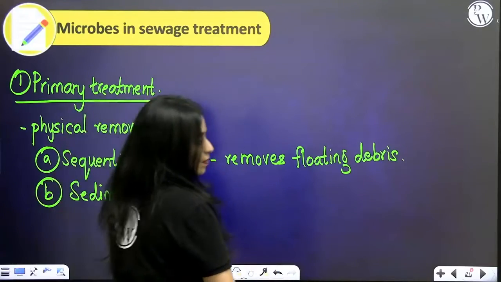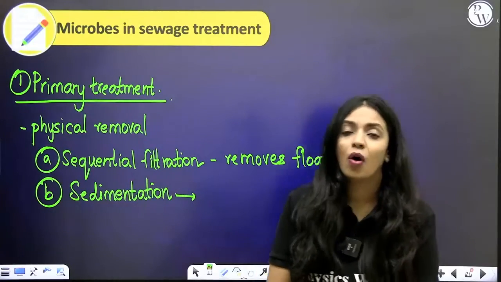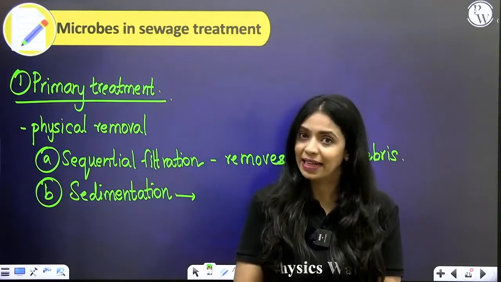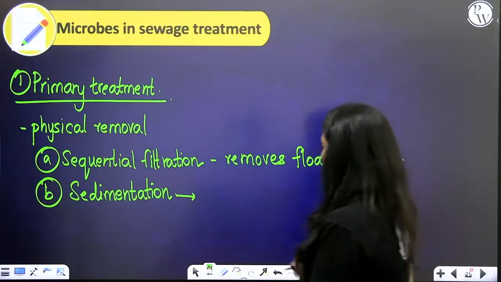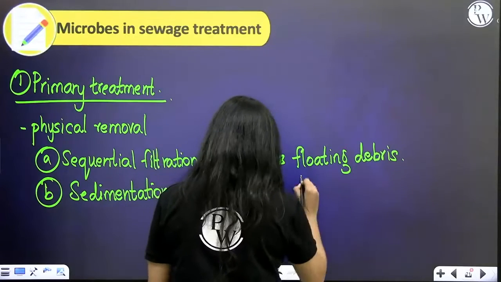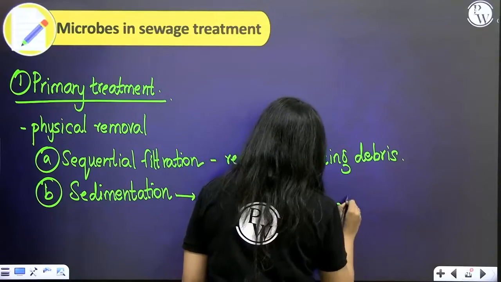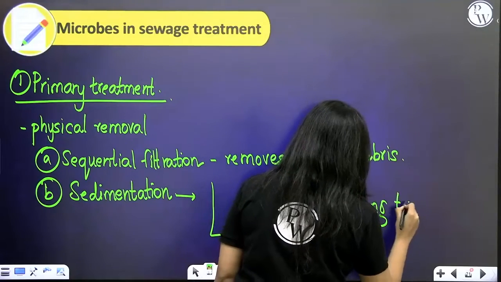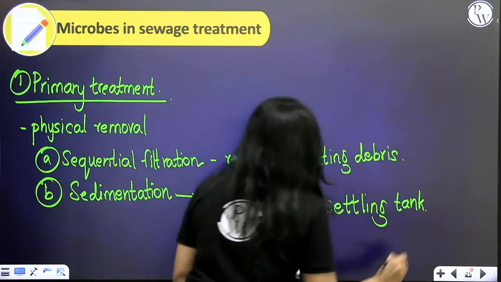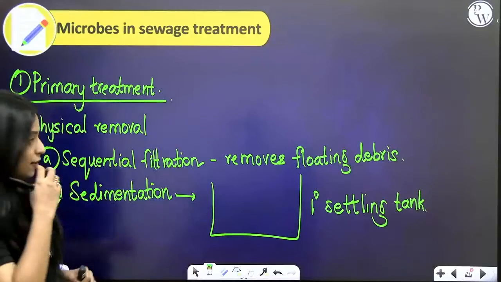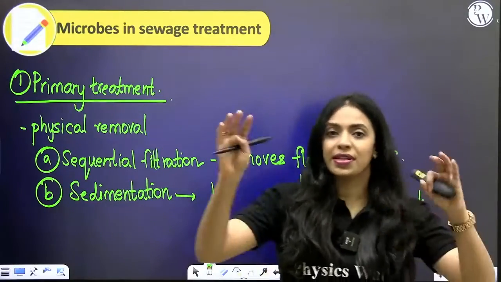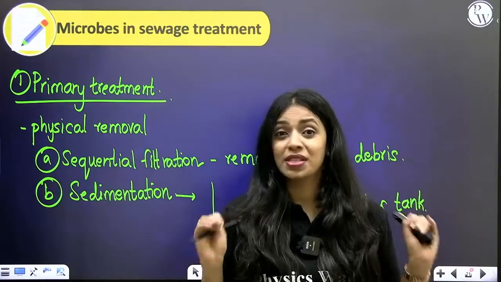After that, it is passed on to a tank called the primary settling tank. In the primary settling tank, you allow the sewage to stand for some time. You allow it to settle.